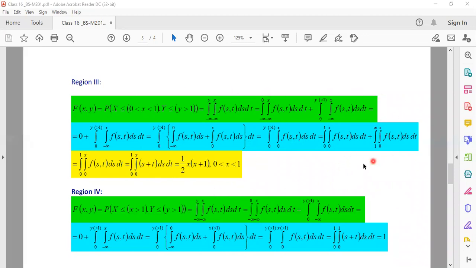By doing this calculation, I found that the probability in region 3 comes out to be half into x plus 1. I am not going into the mathematical details; you can understand this very well when I share the notes with you.